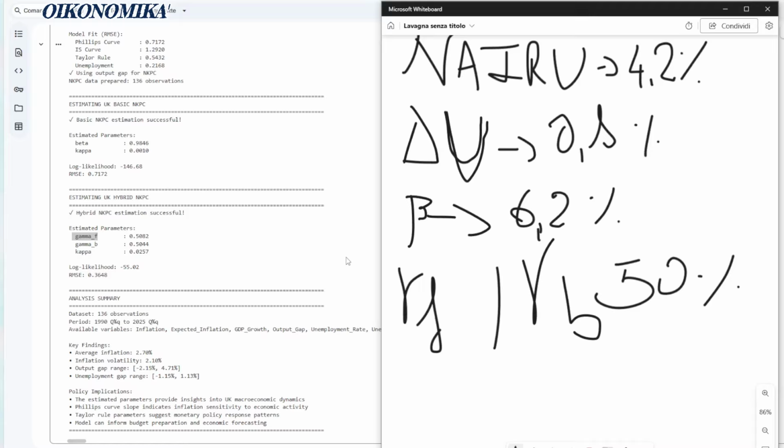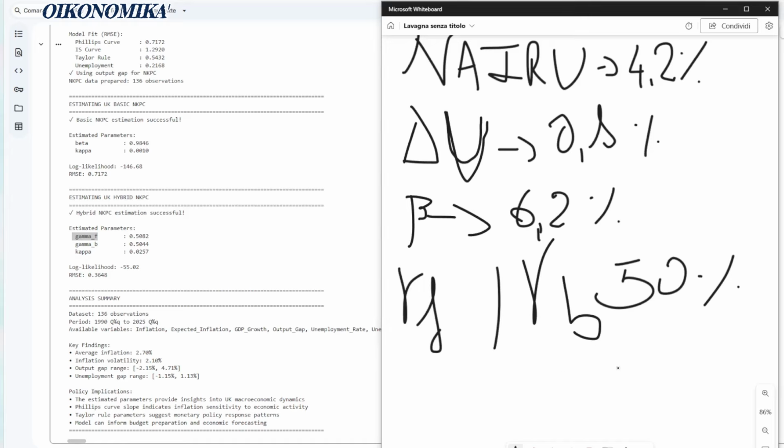Past prices. They expect future prices to be more or less in the same ballpark, 50% the same as the past level and 50% some prices going up eventually. So inflation expectation in terms of backward looking or forward looking, they are pretty much in balance. There is no predominant component in the equation.